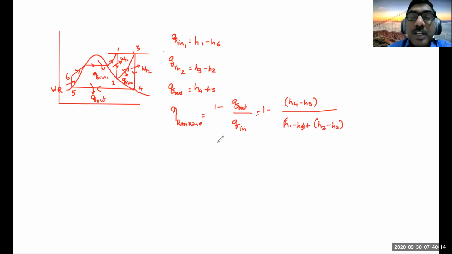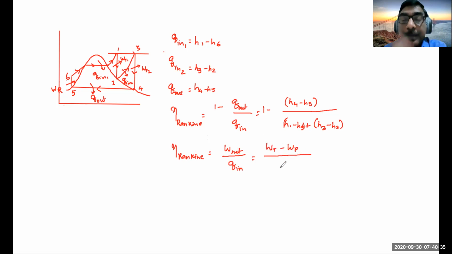In terms of turbine work and other things, efficiency of Rankine cycle is W net by Q in. What is W net? W net is WT minus WP, divided by Q in. What is WT? There are two WTs here. WT is equal to WT1 plus WT2. What is WT1?